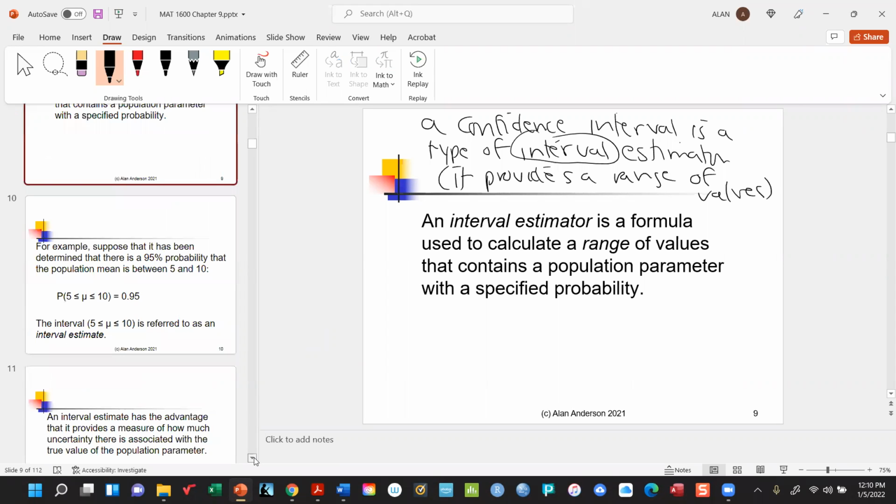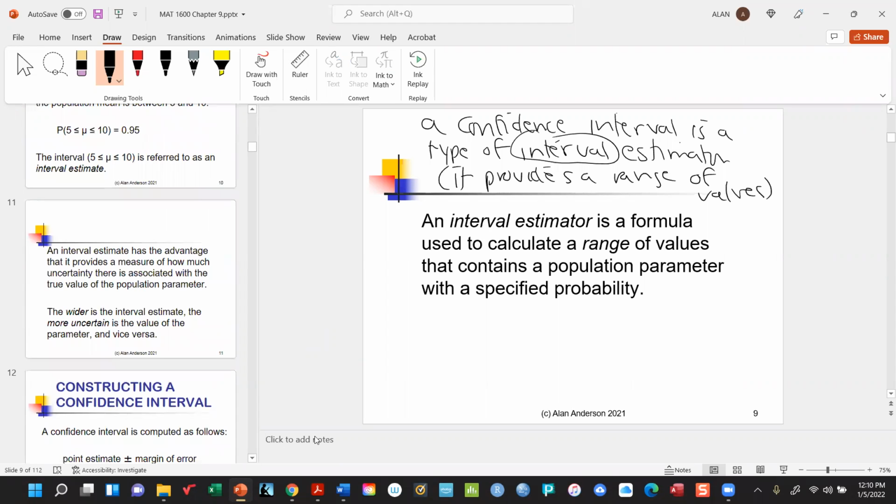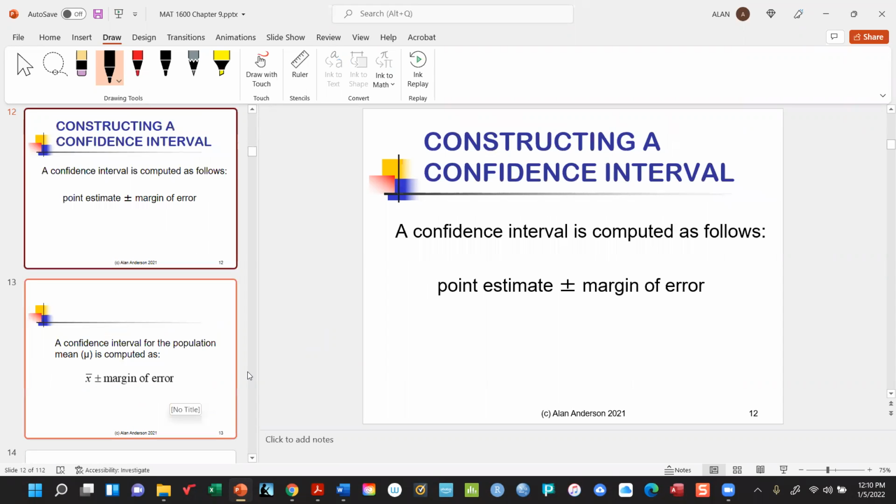Now, for any confidence interval, the basic layout is this. We have some point estimate, for example, it could be X bar. And then we have the so-called margin of error, which we've really already discussed.